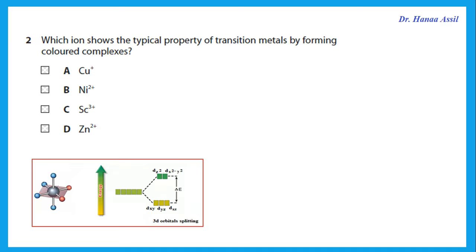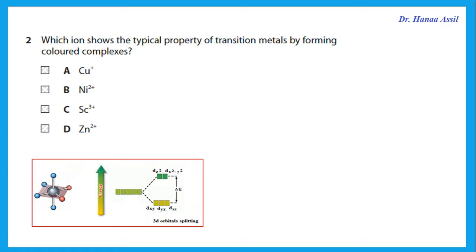Instead of all 5 d orbitals being of the same energy, the presence of the ligands causes the d orbitals to split, so that 2 of them have higher energy than the other 3.